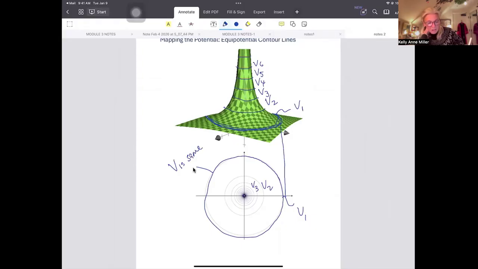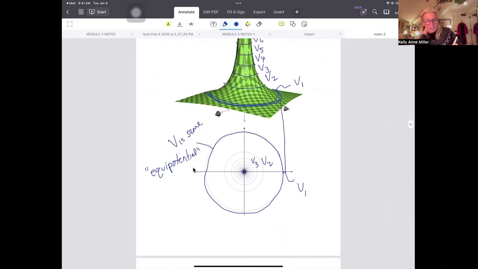So what we call these contours are equipotentials. Okay, so it's an equipotential line. Let's say this was at 15 volts, then it wouldn't matter if I was here or here or here. I could put a charge in any of those spots and it would still experience the same potential of 15 volts.